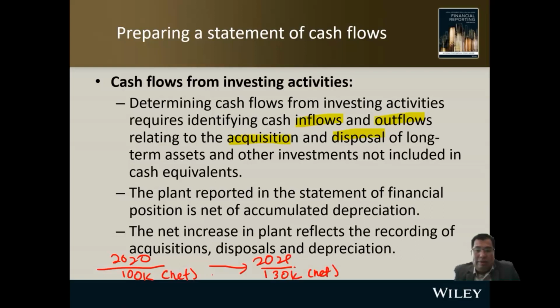These changes might be a result of acquisition: you buy a new plant, or you dispose of some of the old plant, and also the depreciation of the asset. So the difference of 30,000 might be because you bought new assets. Certainly you provide depreciation of the assets, and you might also dispose of your own asset. So this is the comparison that we're going to do in the later sections.